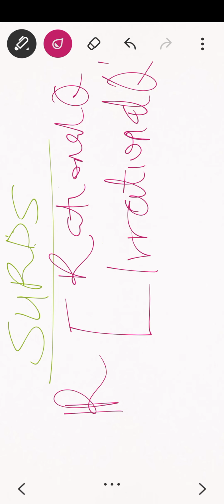So under the real numbers, we had rational, as we have in this case, and we had irrational. I hope you remember them.